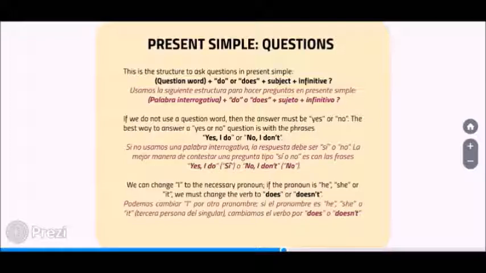We can change I to the necessary pronoun. If the pronoun is he, she, or it, we must change the verb to does or doesn't.